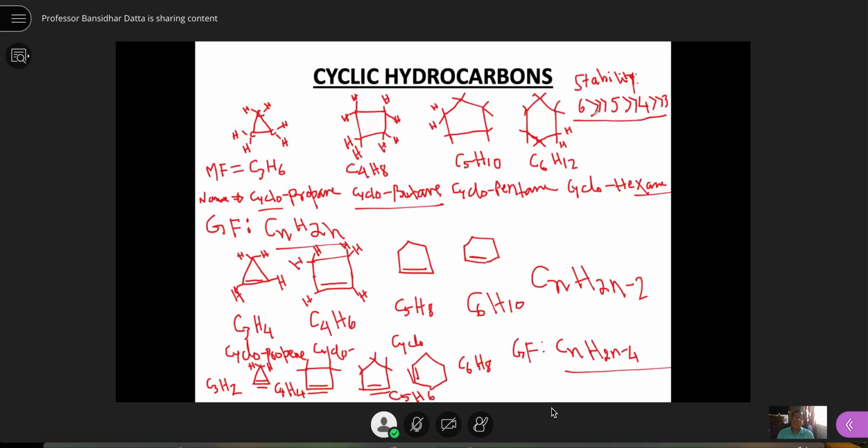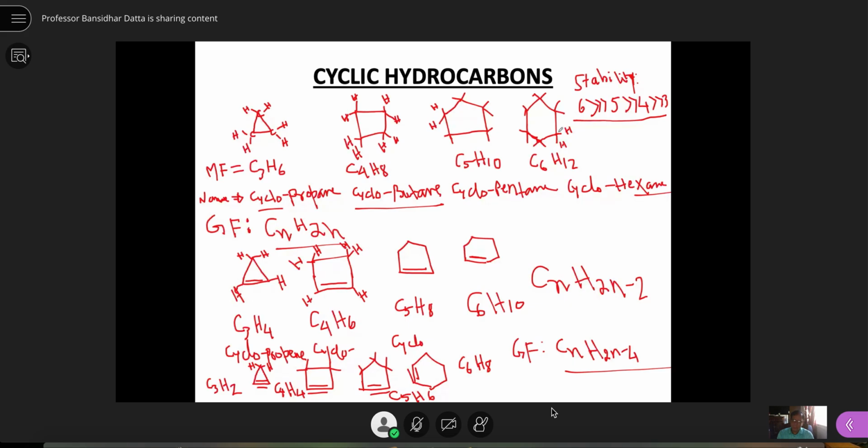So cyclohexane has the greatest stability as compared to cyclopentane. Cyclopentane has greater stability as compared to cyclobutane. Cyclobutane has a greater stability as compared to cyclopropane. So the bigger the cyclic molecule, the more stable it is.